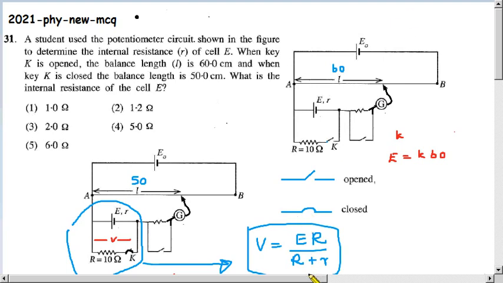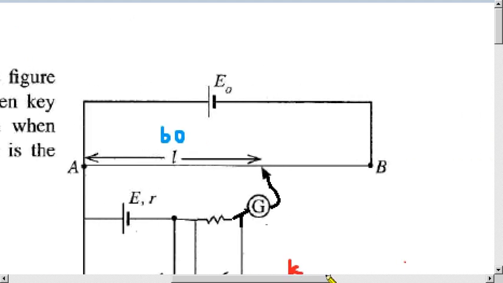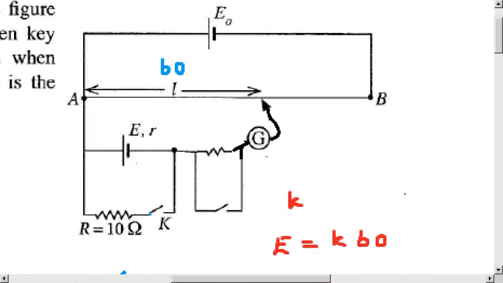When the galvanometer is 0 means no current is passing through this galvanometer. Therefore, there is no potential difference. If there is no potential difference, the potentials at these two ends of the galvanometer must be equal.